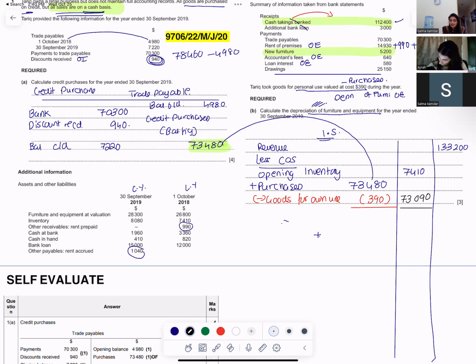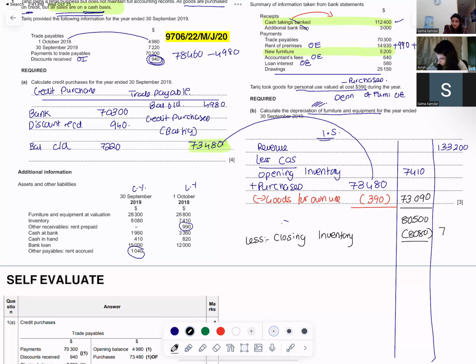So opening inventory and purchases, what is the amount that you're getting? 80,500. From that 80,500, what will you subtract? Closing inventory, 8,080, which gives 72,420. So 72,420 is your cost of sales.